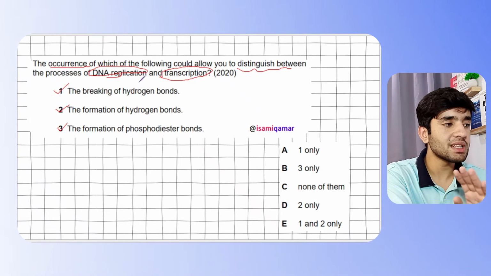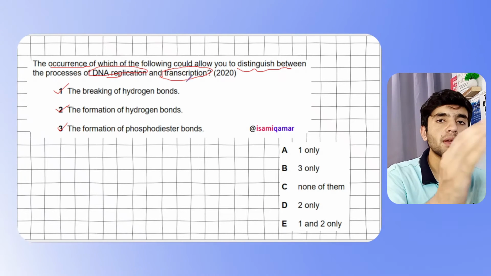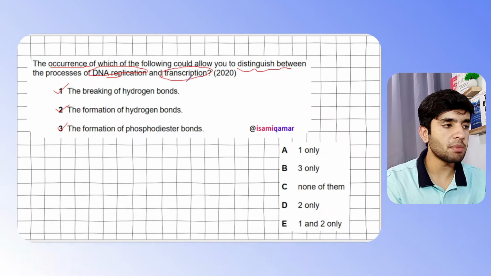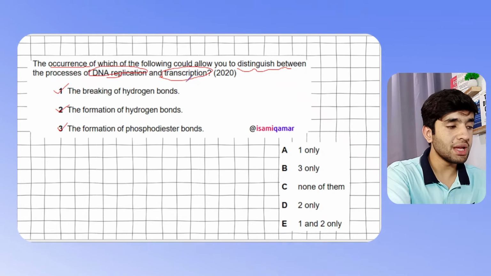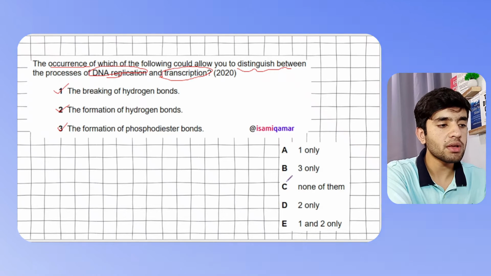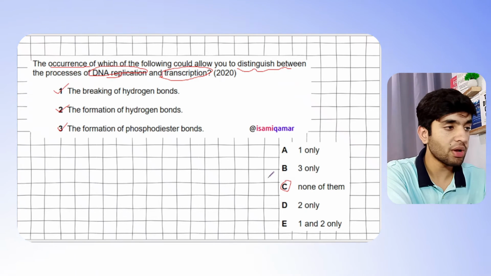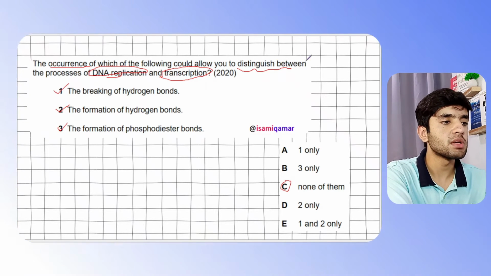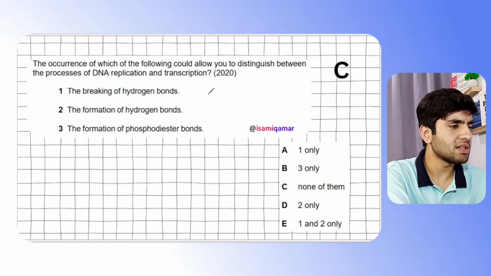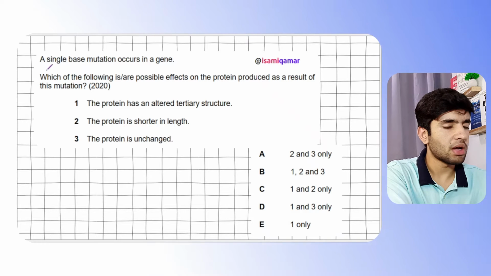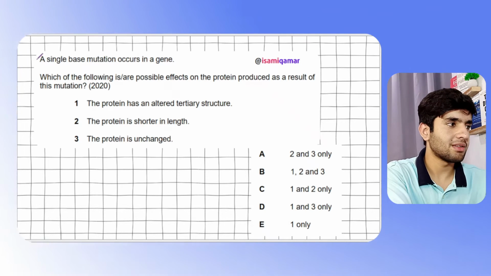It means there is nothing here that can distinguish between DNA replication and transcription. There must be a thing that occurs in DNA replication and does not occur in transcription, but we haven't found anything yet. So none of them distinguishes between DNA replication and transcription. This was pretty easy.